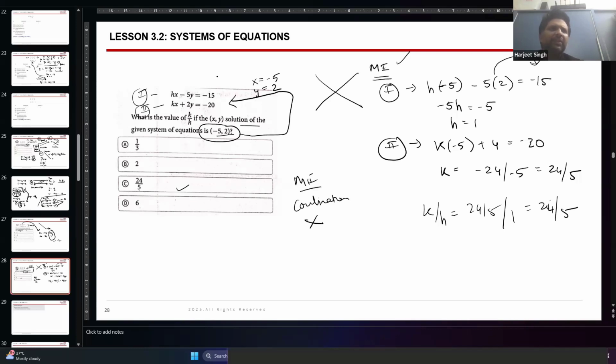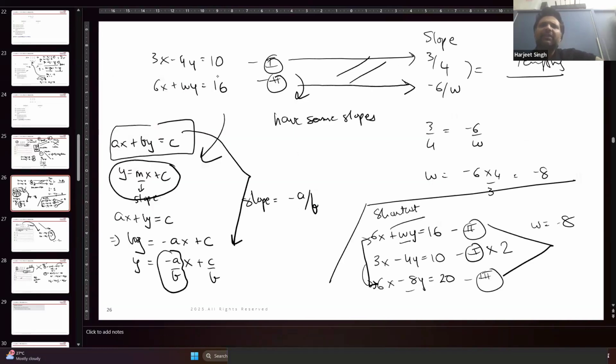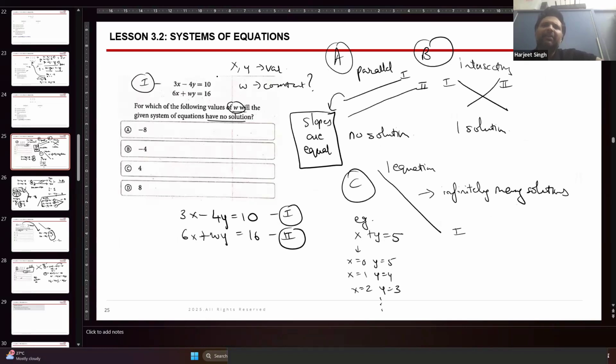So these were some of the variations in systems of equations. So we learned how to solve equations by combinations ideally or by substitution. And we learned the three different variants. The first variant is when the lines are parallel to each other, which means they have no solution. So then their slopes will be equal.